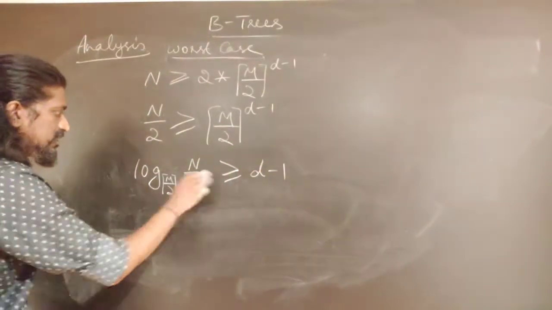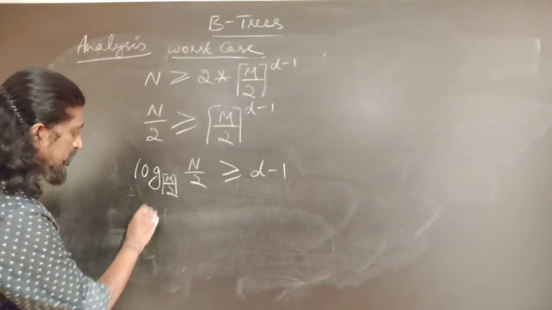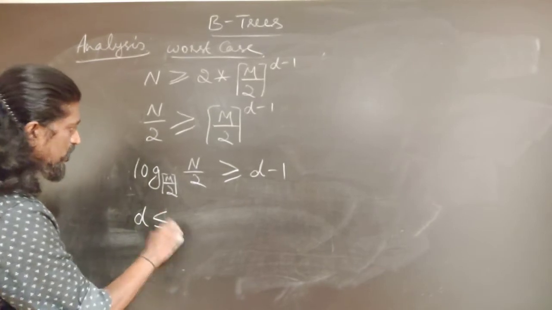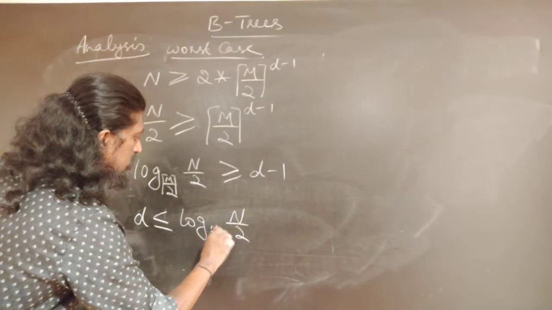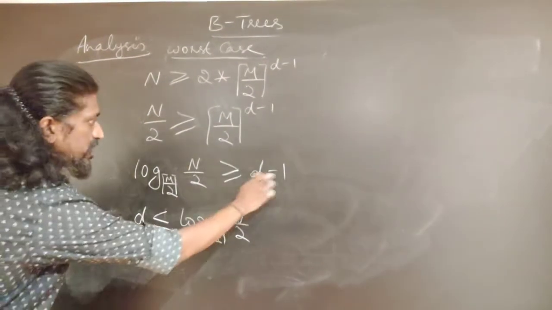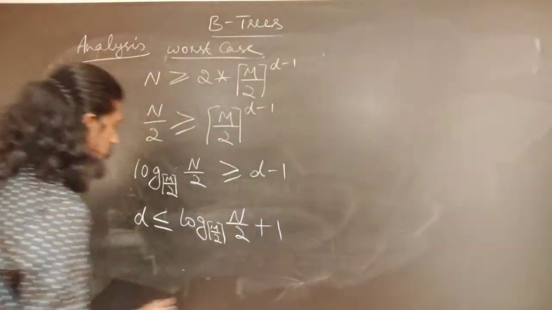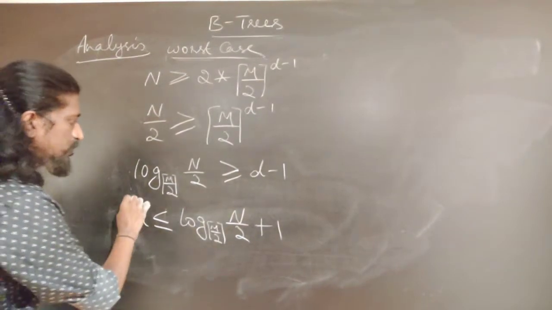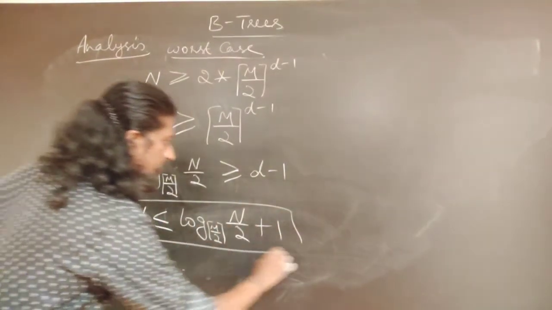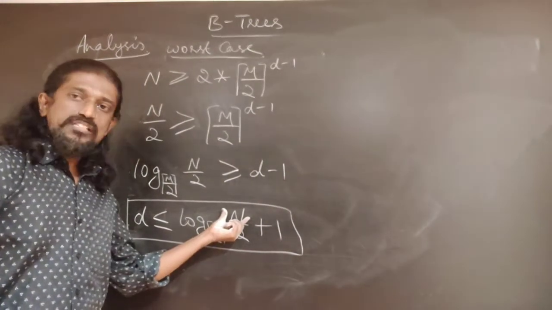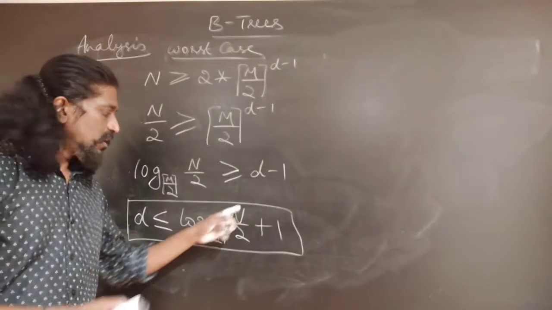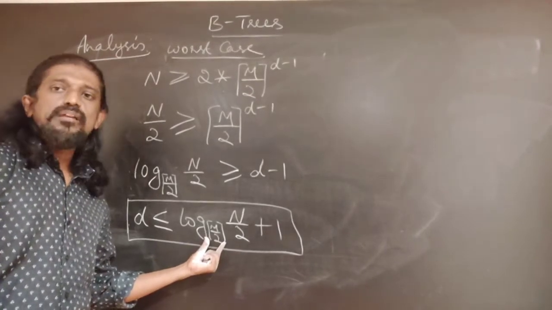Bringing d to this side, d is less than or equal to log of N by 2 to the base m by 2, plus 1. So the depth of a B-tree of order m is bounded by log of the maximum number of keys in the tree divided by 2, to the base m by 2.